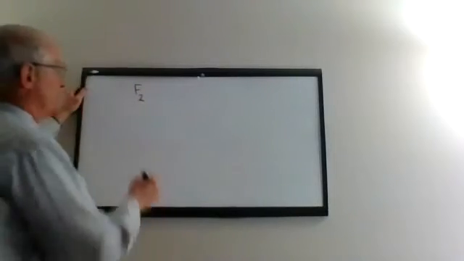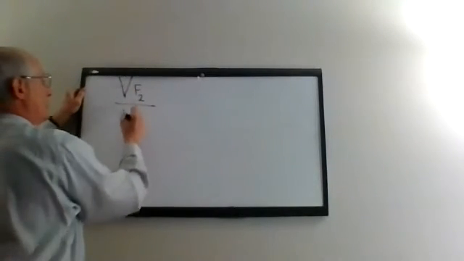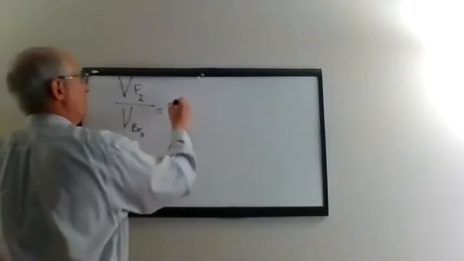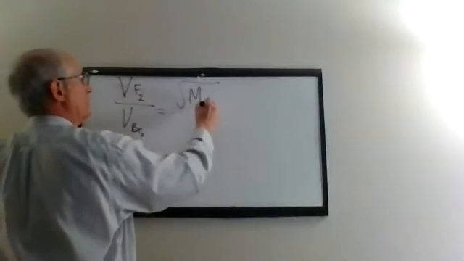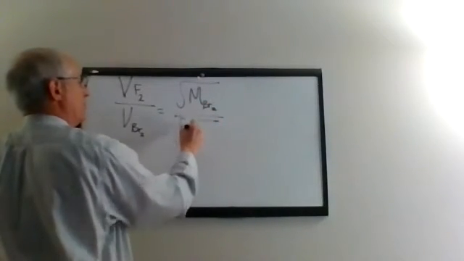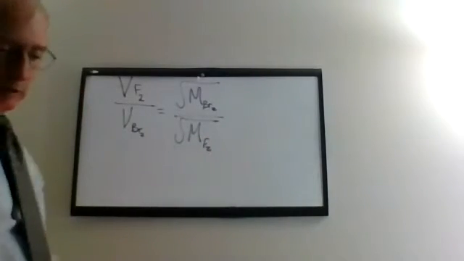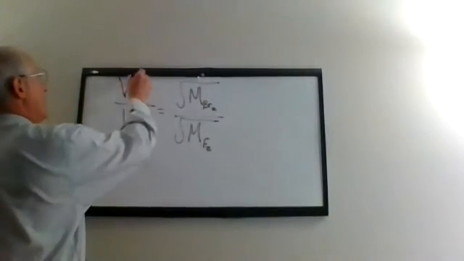So the rate of effusion, I'm going to call it the velocity, is equal to the square root of the molar mass of Br2 to the square root of the molar mass of F2. You guys remember that's the equation. And what do they want to know? How many times greater is the effusion of fluorine? So what they want to know is this number right here.